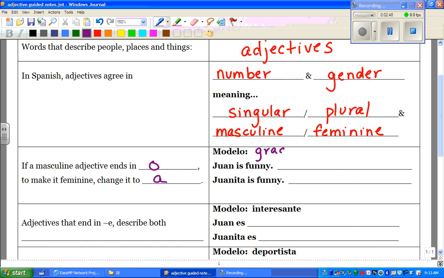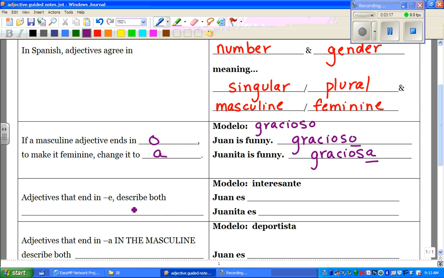That's the masculine form. So if you want to say Juan is funny, then you just drop that in: gracioso. How do you say Juanita is funny then? You change the O to graciosa. Notice the difference. Masculine is O, feminine is A.